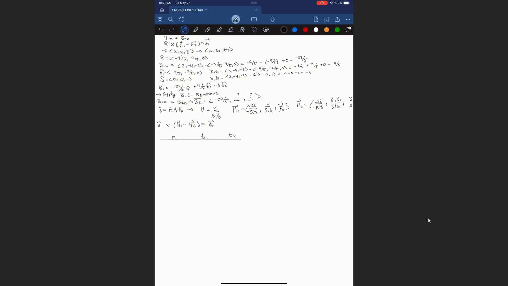With this cross product, we write n hat as 1, 0, 0. We do this because we converted from XYZ to N, T1, T2. So the unit vector of n can be written as 1, 0, 0. Similarly, the unit vector of T1 can be written as 0, 1, 0.